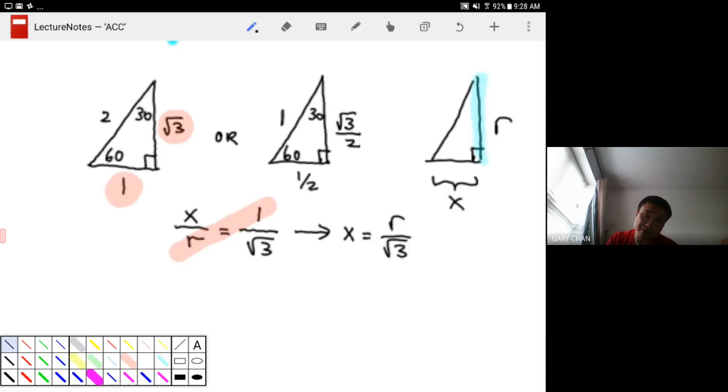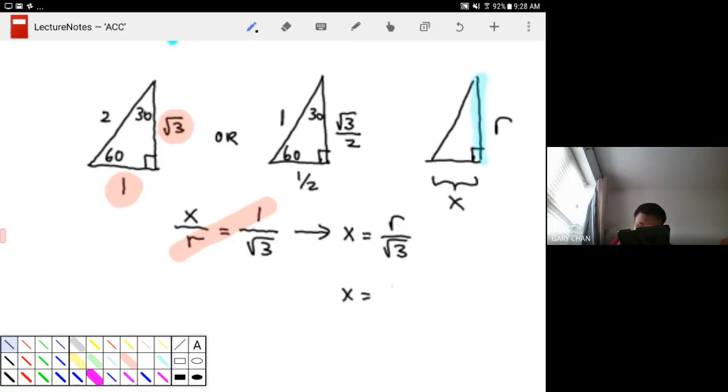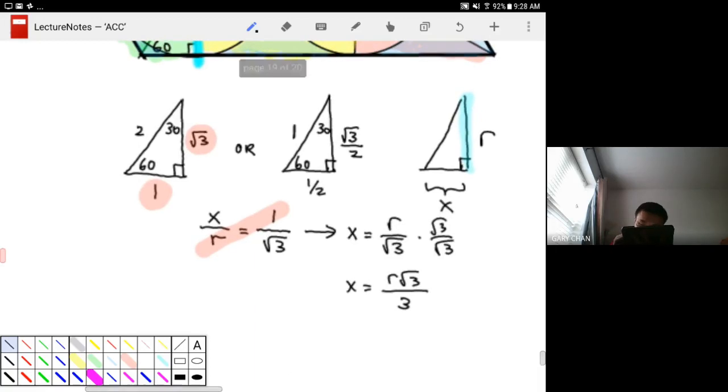That's right. So to get rid of the radicals in the denominator, we multiply both by the radical itself. If I multiply top and bottom by radical 3 over radical 3, I'm left with R radical 3 over 3, since radical 3 times radical 3 is just 3. So X is equal to R radical 3 over 3.